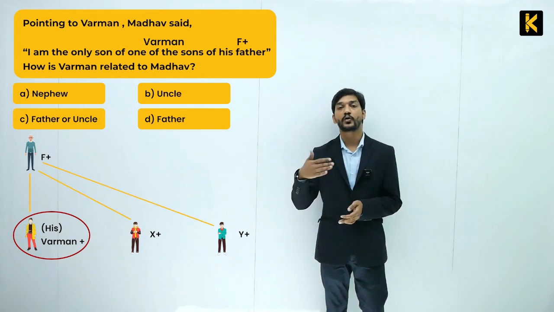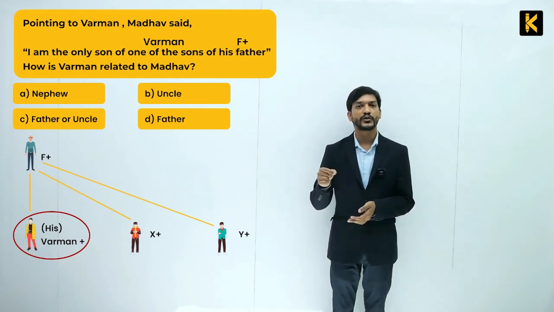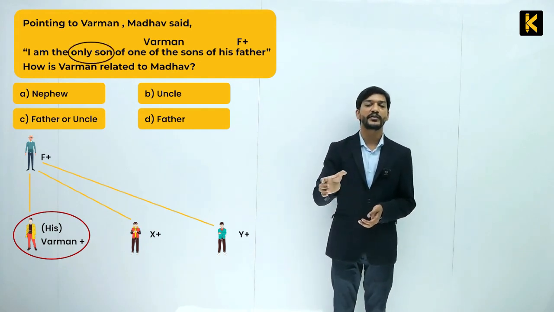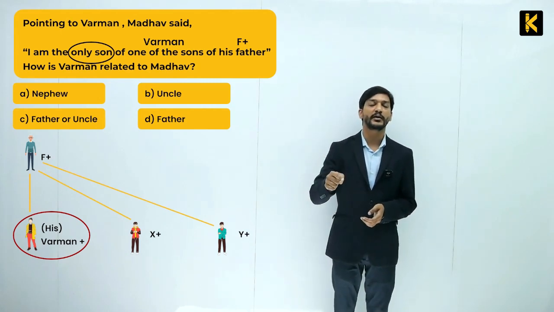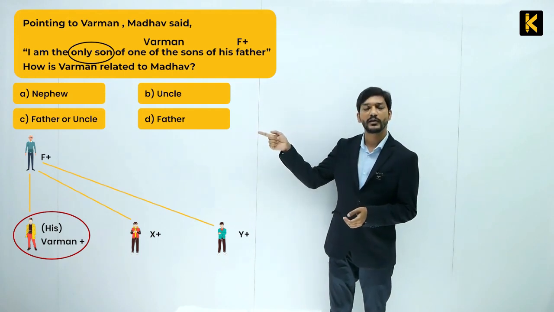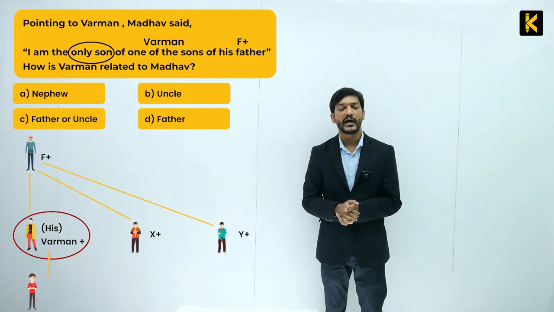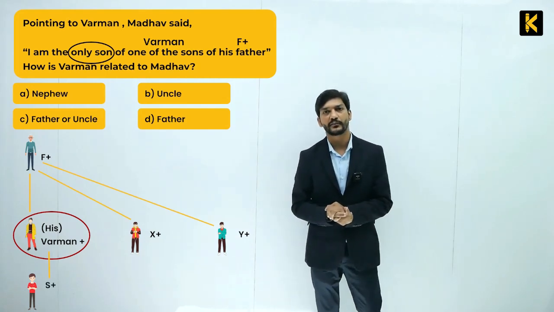Alright, now go back please. If you go back in the statement, now you will have to draw only the son of one of the sons, which we have taken as Varman. So only the son of Varman you have to draw. The only son will be one generation below, and that only son we are representing again by S plus.